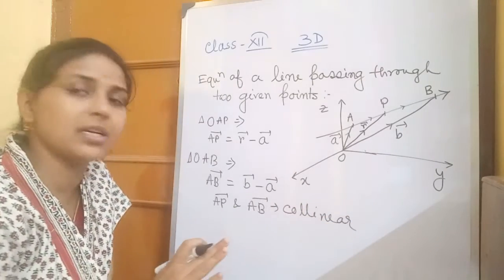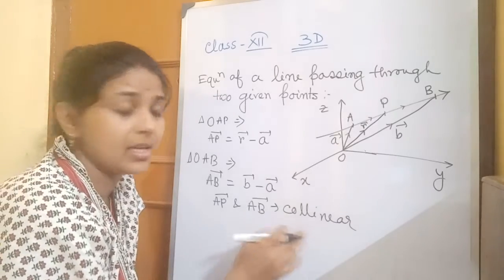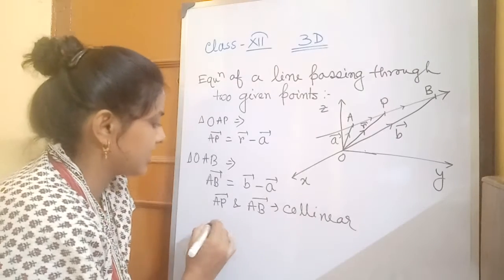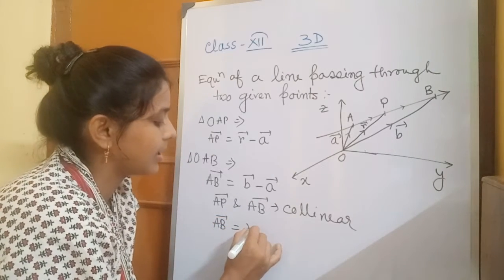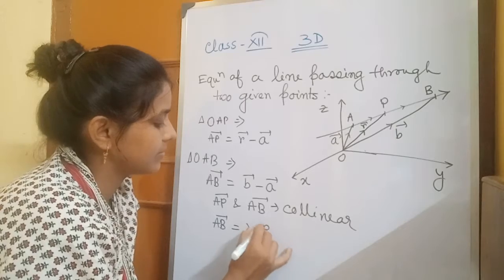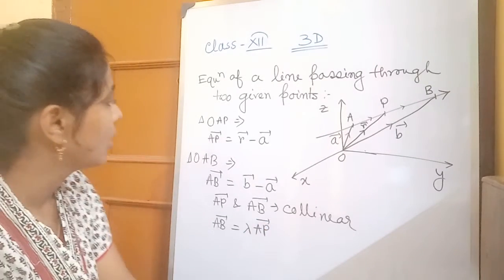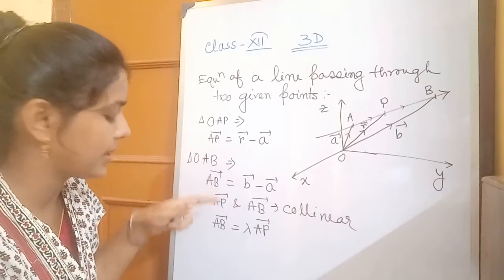Both the vectors are situated on the same line. That means they are collinear. Now collinearity means we can write that AB vector is equal to lambda into AP vector, or AP vector is equal to lambda into AB vector.